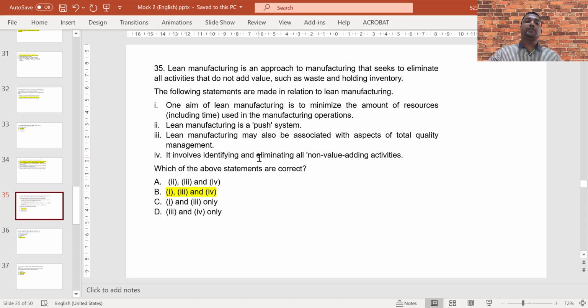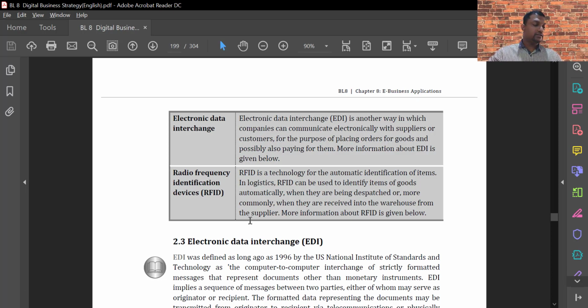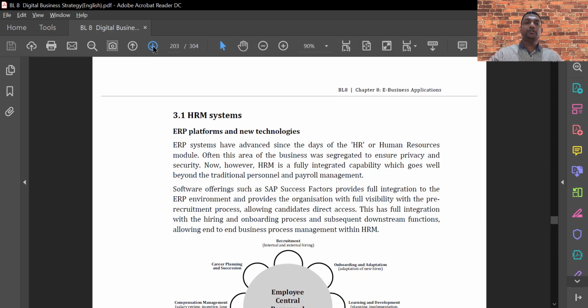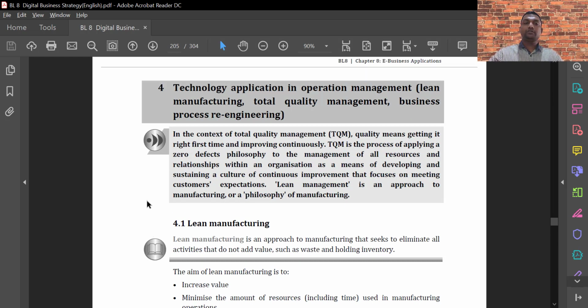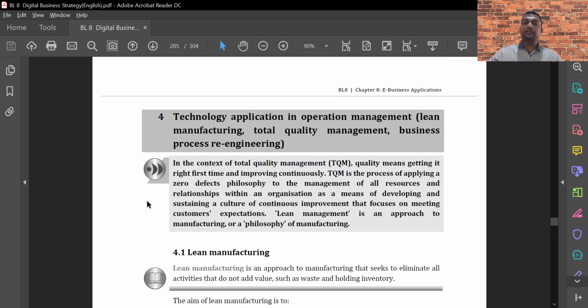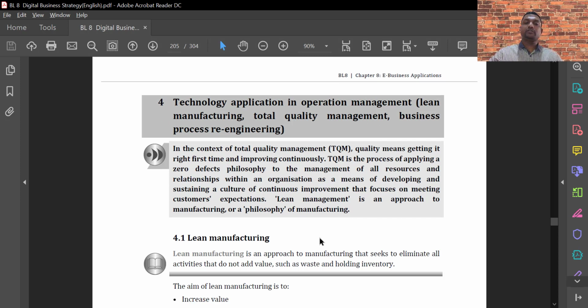Four, it involves identifying and eliminating all non-value adding activities. Right. Let's look at how this is explained in the book. If we move into the section which discusses lean manufacturing, this is in chapter 8, technology application in operation management: lean manufacturing, total quality management, and BPR, business process reengineering.